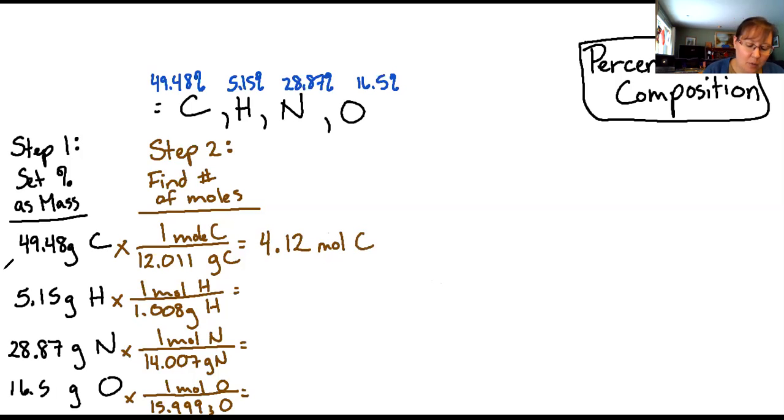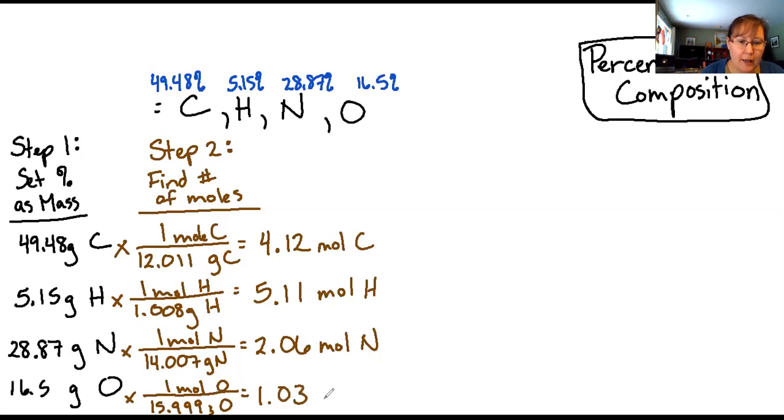And the next I have 5.15 divided by 1.008, and I get 5.11 moles of hydrogen. Okay, and now I have 28.87 divided by 14.007, and I get 2.06 moles of nitrogen. And last but not least, I have 16.5 divided by 15.999, or 1.03 moles of oxygen.